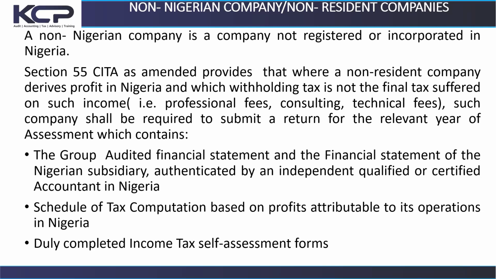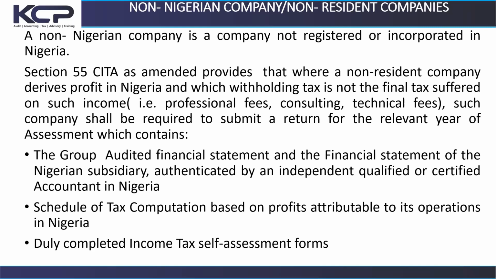So what are those incomes that a non-resident company can earn in Nigeria, on which the withholding tax deducted will be regarded as final tax? One of those incomes is a professional fee. If what the non-resident company earned from Nigeria is just a professional fee, then the withholding tax that must have been deducted by the transacting parties will be taken as the final tax.